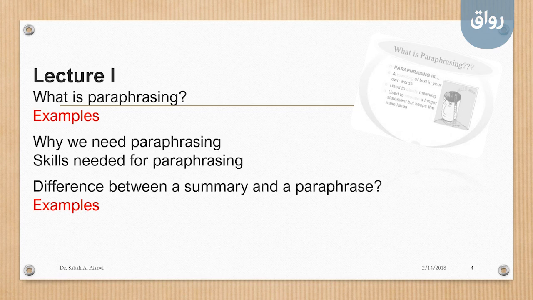Why do we need paraphrasing? Paraphrasing is an important skill for writers, for students who are about to take their exams in the IELTS, the TOEFL, the APA, all require paraphrasing skills.